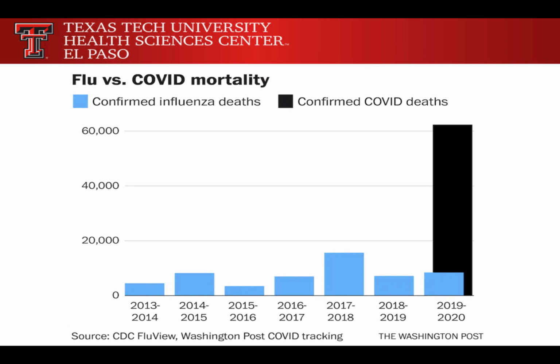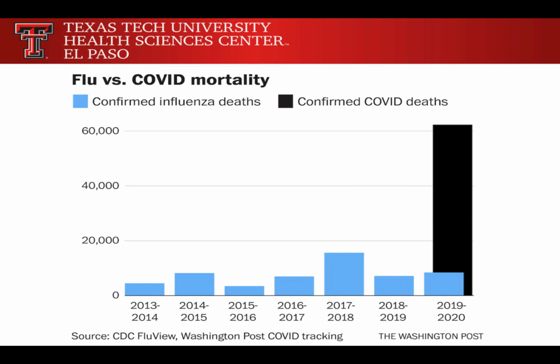There are a number of misconceptions that have been relayed and shared by many people. Earlier in the pandemic especially, and even now, one of these was that the flu and coronavirus were more or less the same when it came to fatality, or how likely it is for you to die from either virus. This graph from the Washington Post made in May of 2020 shows that this is not the case.